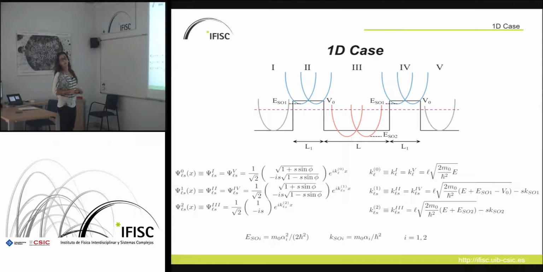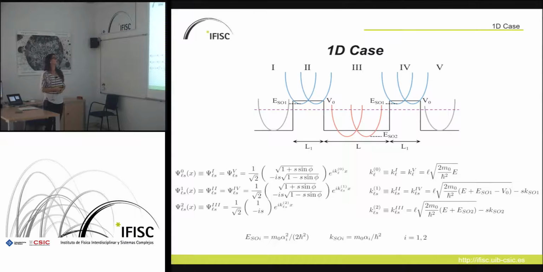We don't have a Rashba field there, so the states are spin degenerate. But in the QPCs and in the central region we have Rashba spin-orbit interaction, and then the bands are split in momentum and also shifted down in energy.